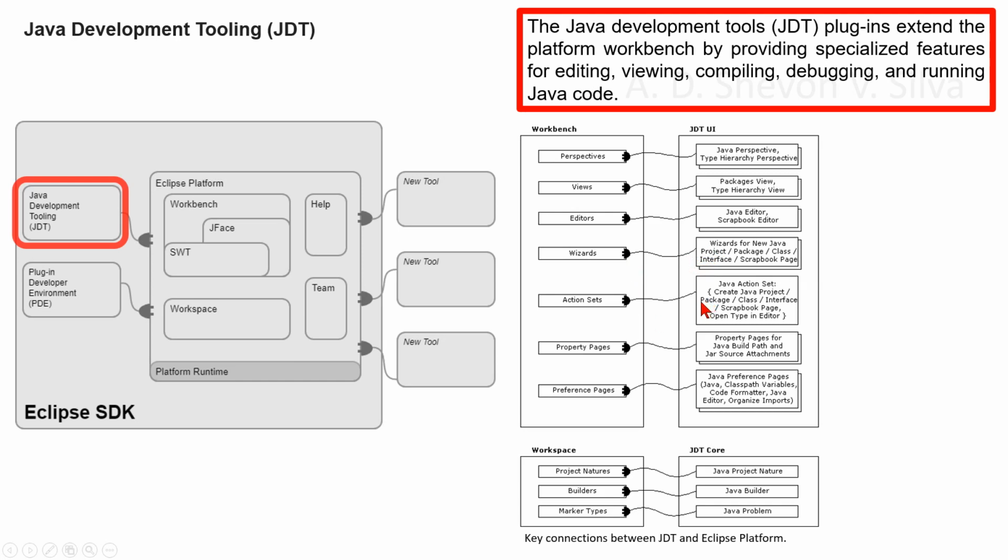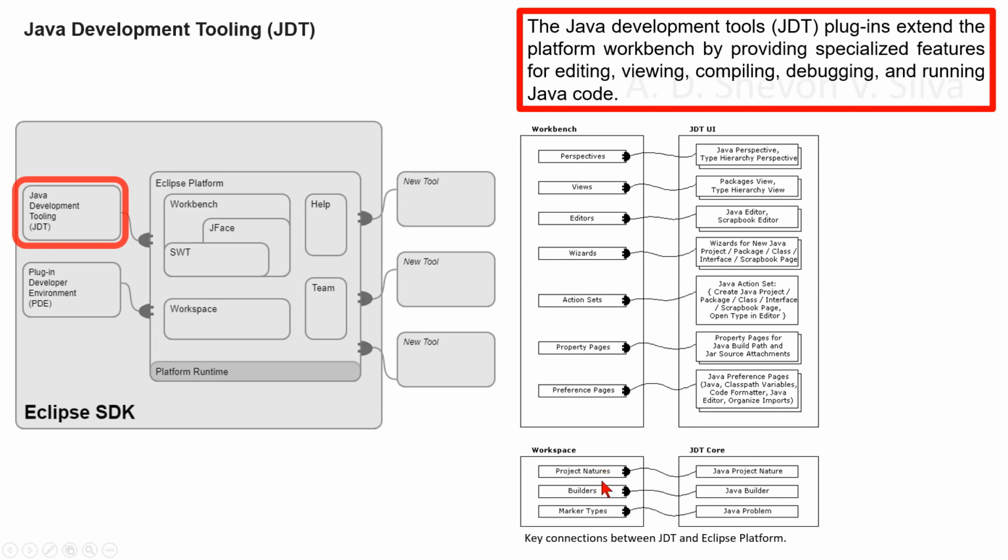Java action set, create Java project, package, class, interface, scrapbook page, and open type in editor are connected to action sets. Property pages for Java build path and Java source attachment are connected to property pages. Java preference pages, Java class path variables, code formatter, Java editor, and organize imports are connected to preference pages.